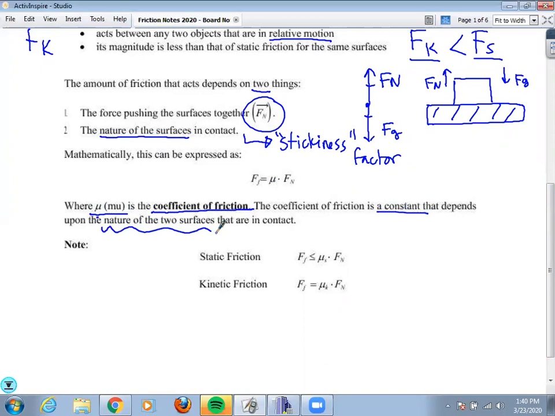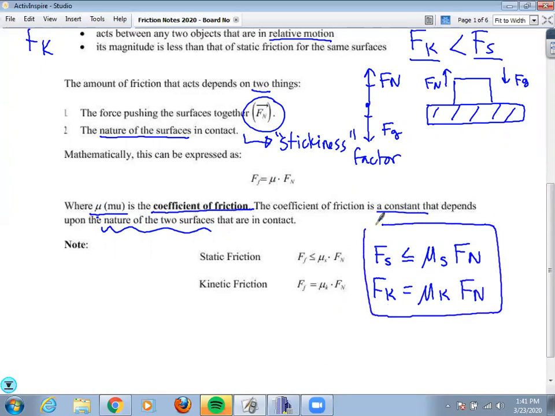So the force of static friction is less than or equal to the coefficient of static friction multiplied by the normal force, and the force of kinetic friction equals the coefficient of kinetic friction multiplied by the normal force. Those are your equations for friction.